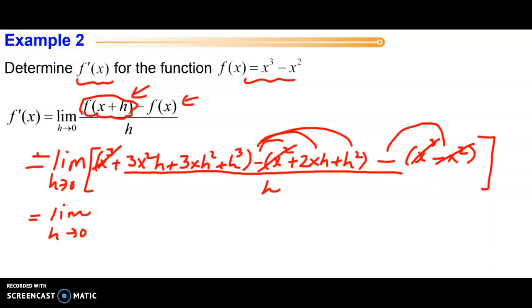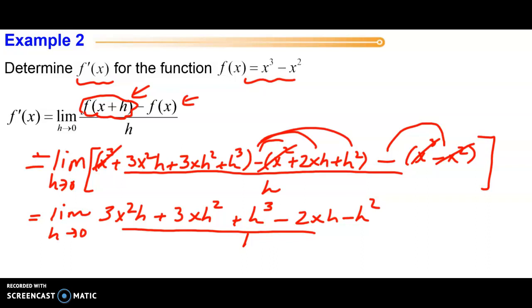So then I'm left with 3x squared h, 3xh squared, h cubed, minus 2xh because the negative distributes through, minus h squared, all over h.